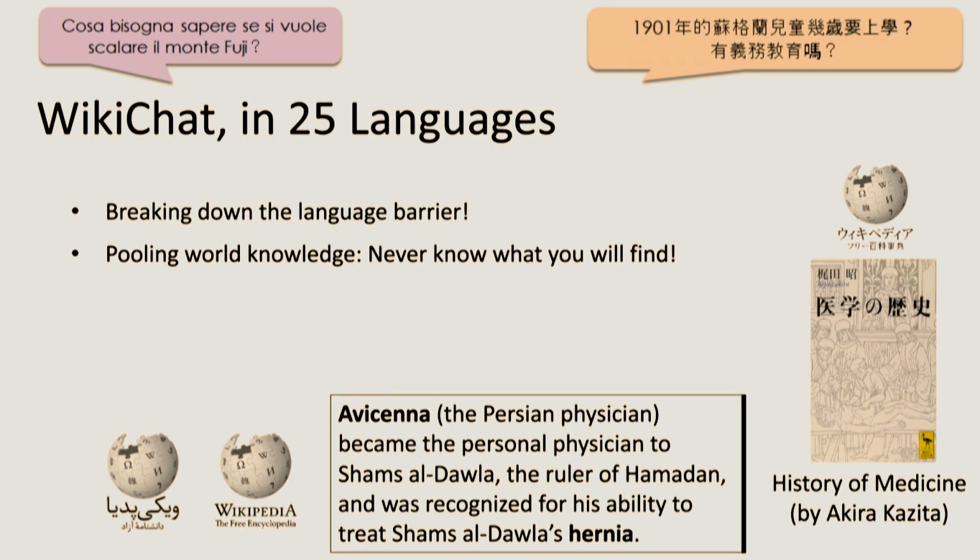You would expect either the Persian one or the English one to be more complete, but it just happens that there's a Japanese article that is more complete on the same person. And making these connections without automated tools is very difficult, but if you're using a multilingual chatbot, it becomes very natural.